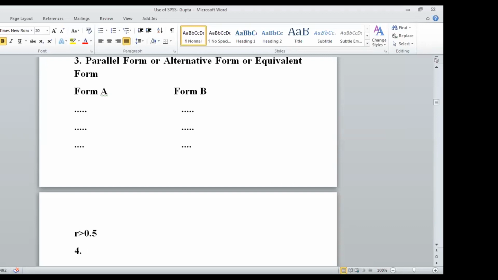Now your test retest, split half, and the parallel form method you can use for test, for scale, as well as for inventory. Now I am going to tell you another one, and this you cannot use for the scale and inventory.